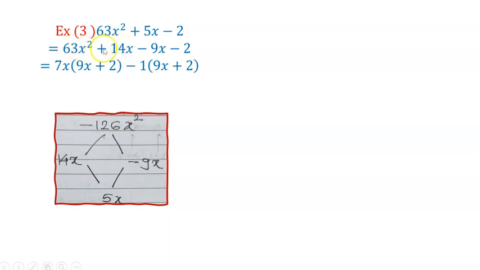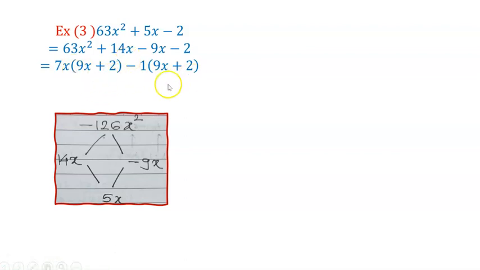Therefore, from these two terms we take 7x as common. Then in the bracket you will get 9x plus 2. From these two terms we take only the negative sign as common. When we take the negative sign common, the sign of the remaining terms in the bracket will change. Minus will become plus, and therefore in the bracket you will get 9x plus 2. Let's remember that if the first bracket is 9x plus 2 and here is also 9x plus 2, then your factors are correct.